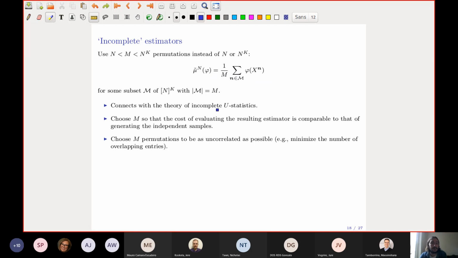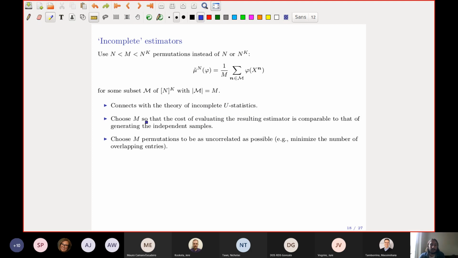We don't really have in the preprint the theoretical properties of these things, but they also have everything that you want: unbiased, asymptotically normal, consistent, and all these things. If you'd like to check that, the place to go is the literature on incomplete U-statistics and their generalizations, and you can adapt those results quite a bit to this setting here.